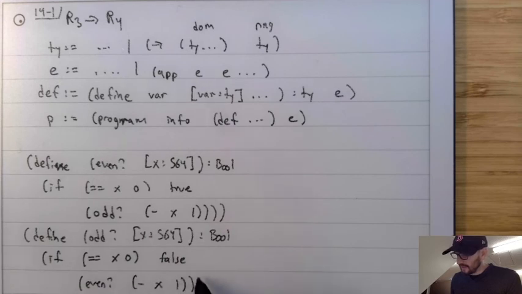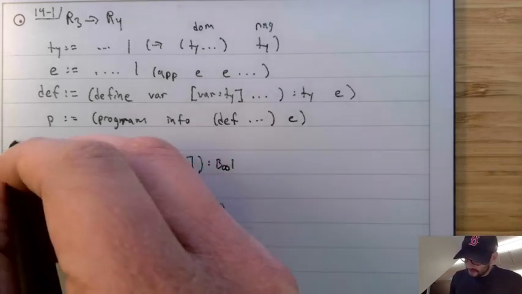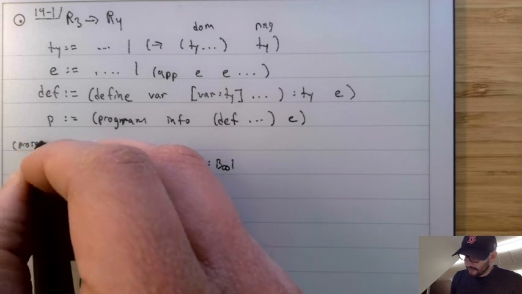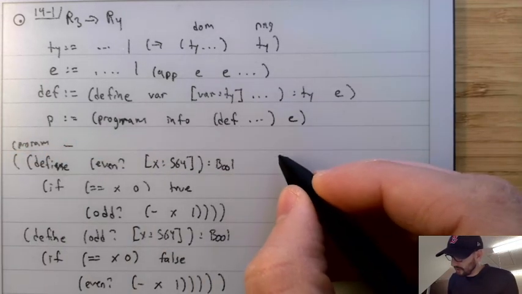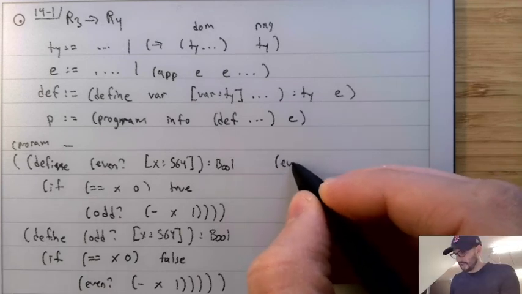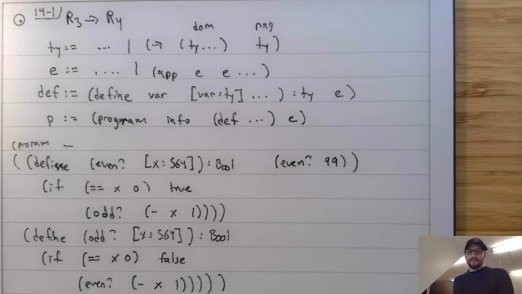Close that, close that, close that, close that. And then we could have the body. So this whole thing is inside a program. Here are the definitions, and then the actual content would be something like a call to even? of 99. Okay, so this is an example big program.